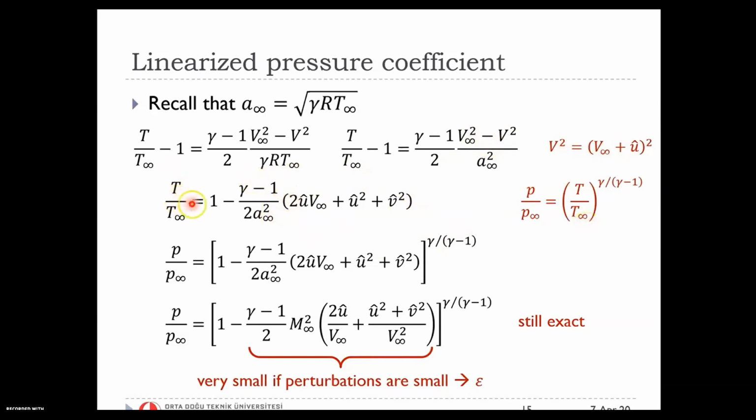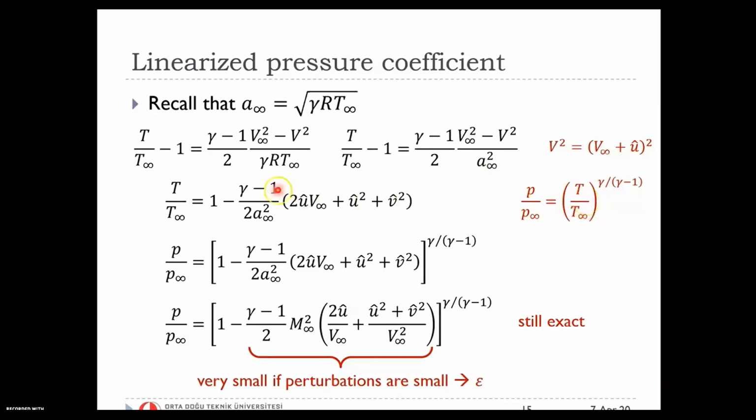In addition to having this adiabatic flow of a calorically perfect gas, the flow of interest is also reversible, so that the flow is then isentropic, which means that you can use the relation between T over T infinity and P over P infinity as shown here.